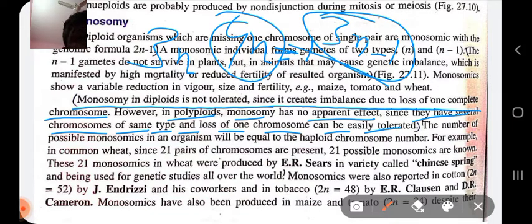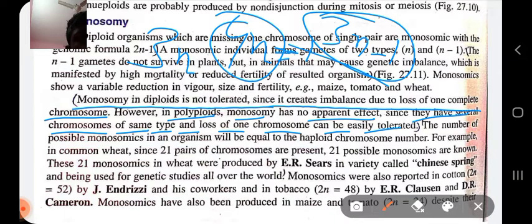In a triploid they have 2 more sets of chromosomes, and in a tetraploid they have 3 more sets if one chromosome is lost. So in polyploids, monosomy has no such aberrant effect because they have several chromosomes of the same type, and the loss of one chromosome can be tolerated.